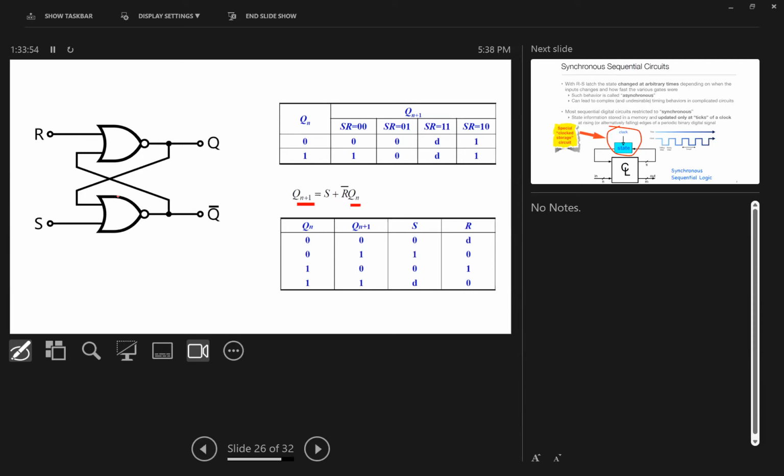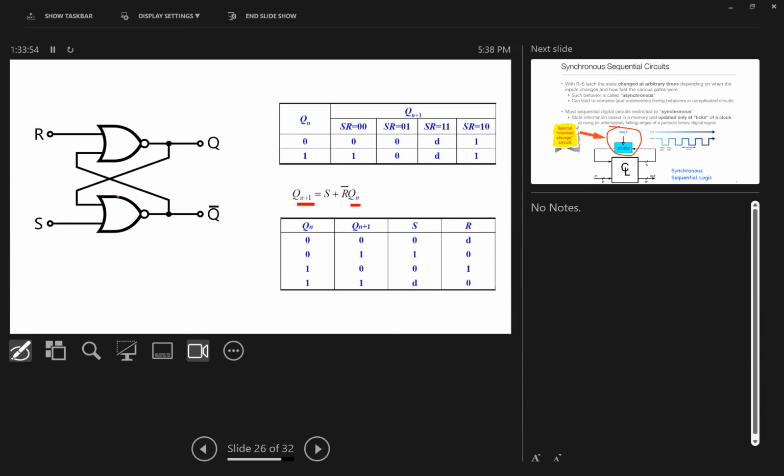For example, when Qn is equal to 0 and when S is equal to 0, no matter what R is, the Qn plus 1 is always 0. And when R is 1, Qn is 0, so the Qn plus 1 is equal to 0.